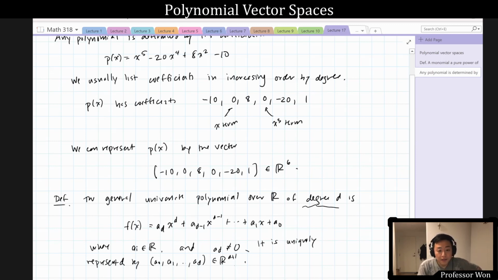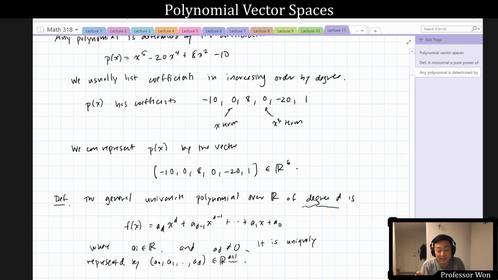Okay, now that's okay if you're in a fixed degree, right? So if I want to consider all the polynomials of degree 5, I could just consider them as vectors in R6, right? In fact, if I want to consider all the polynomials of degree less than or equal to 5, I could consider them as vectors in R6. But if we're not in some fixed degree, if I'm allowing any degree that I want, then it's not clear what to take for the length of your vector, right?